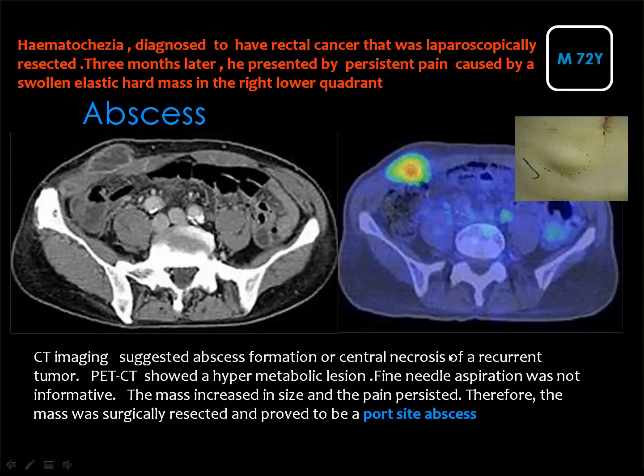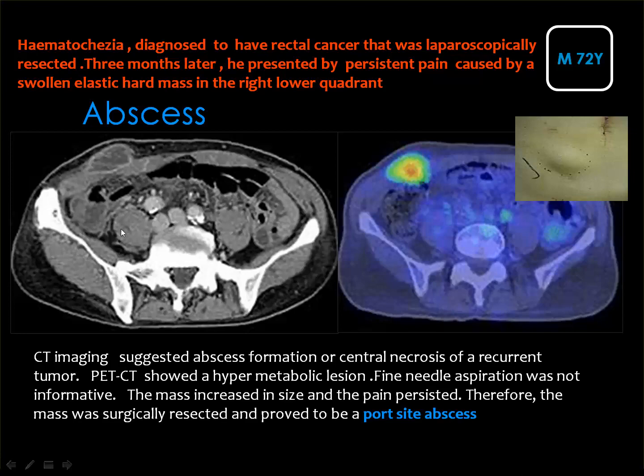And then this patient who presented by blood with stools was diagnosed to have rectal cancer that was laparoscopically resected. 3 months later, he presented by persistent pain caused by a swollen elastic hard mass in the right lower quadrant at the site of the port used for endoscopic resection.